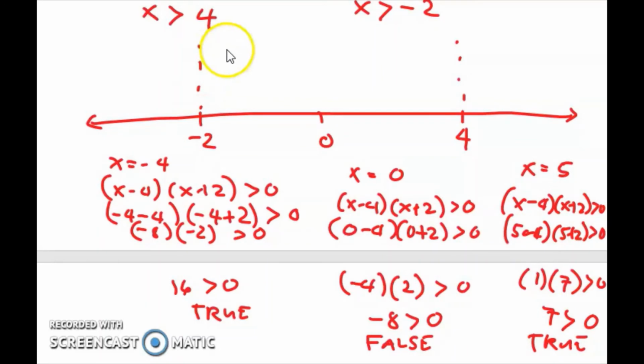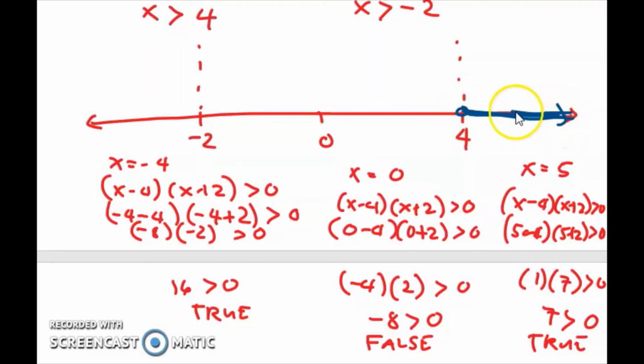So, paano na natin siya i-graph? Since x is greater than 4, which means ito ay hollow, ha? Kasi wala tayong equal to. So, ibig sabihin, yung 4 natin ay hollow circle. Okay, paano siya? Ayan. Since dito ay true, ang graph natin, ito.